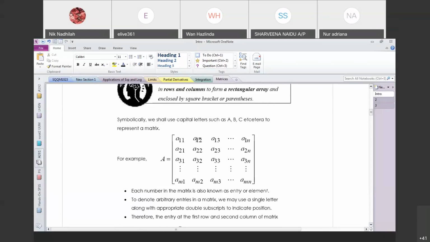This is first row, second column, first row, third column, and so on. Or maybe considering this element, it is located in the third row and third column.